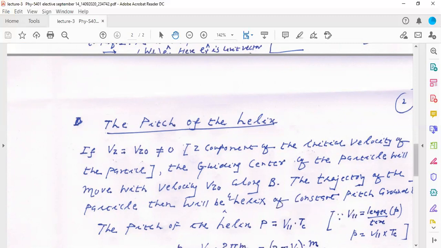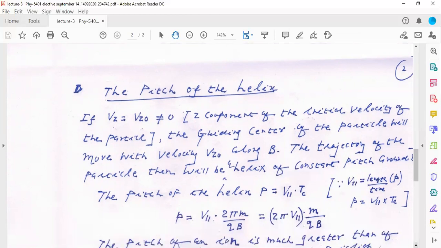The pitch of a helix has the dimension of length. We can simply write that velocity is length upon time, so the length is the product of v parallel and the time, which is the periodic time to complete one revolution. So the pitch of a helix is the product of the parallel velocity component multiplied by the periodic time T, that is the Larmor period.